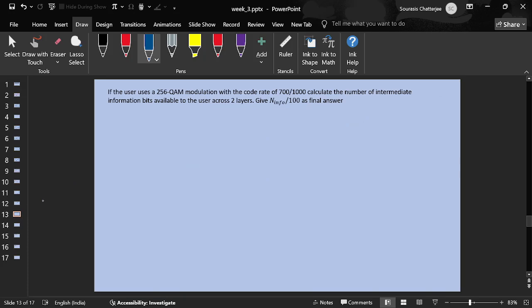Now in the earlier question we had not been given the code rate or the modulation scheme. Now we are given those also. So how should I find the number of information bits that I can transmit based on that earlier calculation?